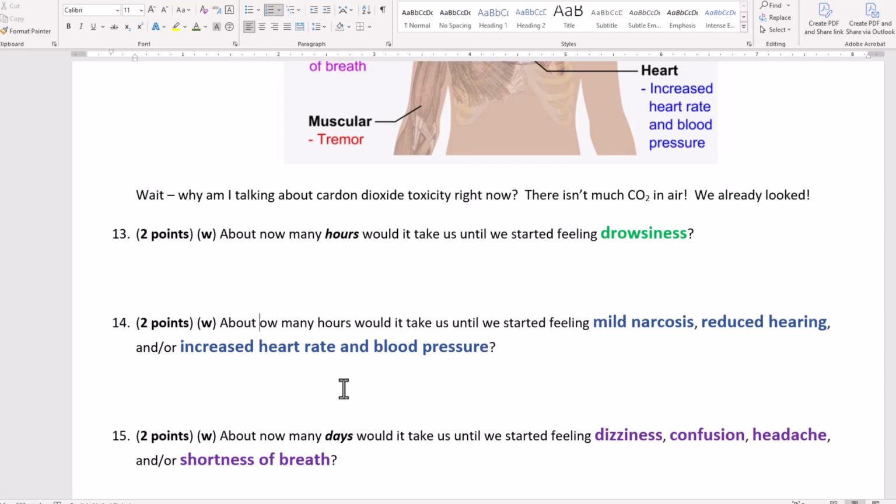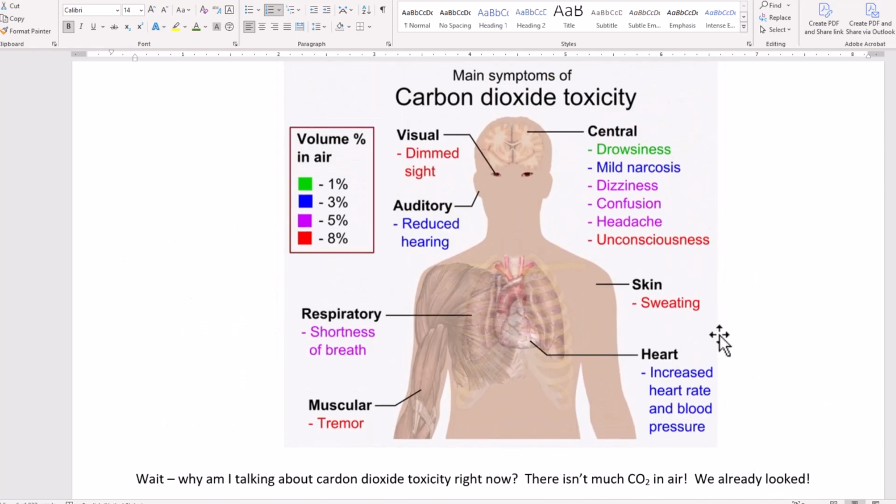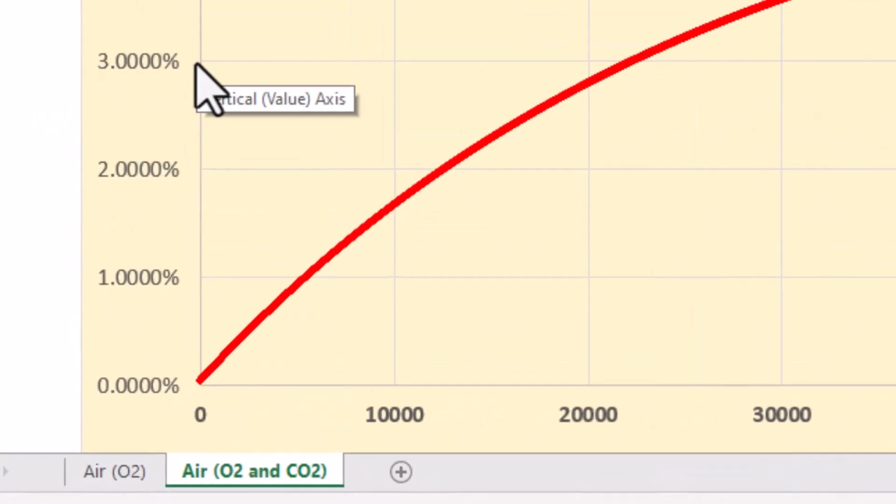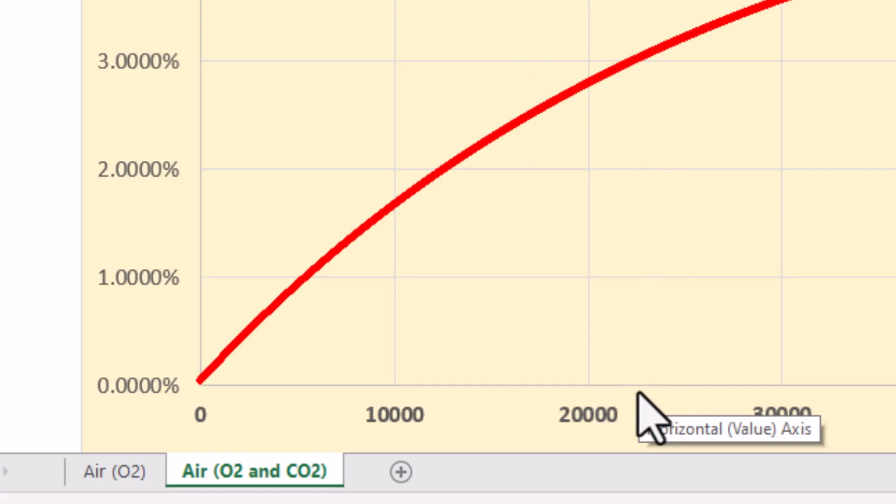About how many hours would it take until we start feeling mild narcosis, reduced hearing, and/or increased heart rate and blood pressure? Those are all the blue ones up here. That's at 3% carbon dioxide. Back to our chart. Here's 3%. Bring it across here. This is not halfway. That looks to be a quarter of the way, maybe a third.